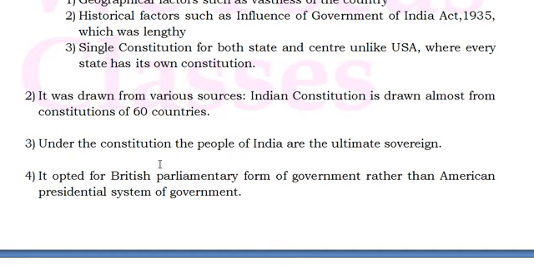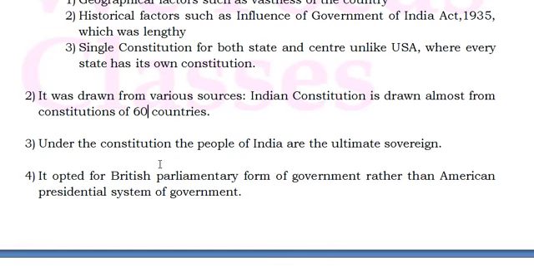When you read the constitution, the preamble starts, "We the people of India", we ourselves are going to adopt this constitution. It is ours, so we are supreme. That clearly says the people are the ultimate sovereign.